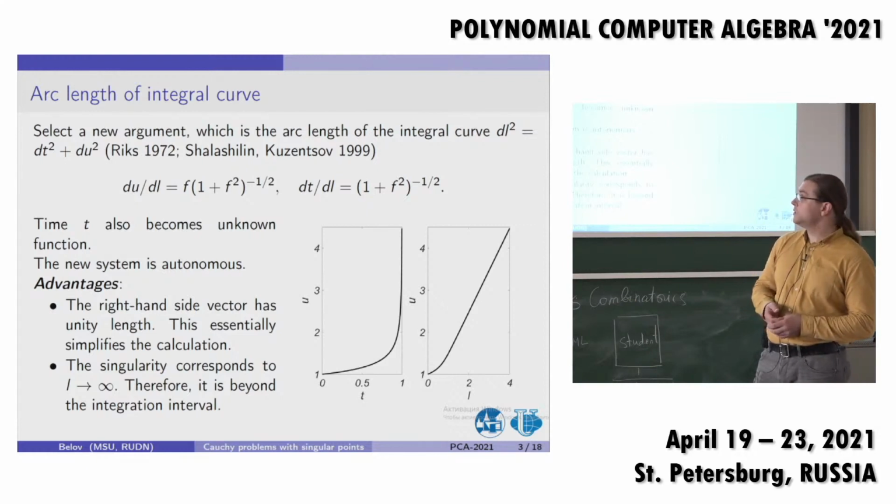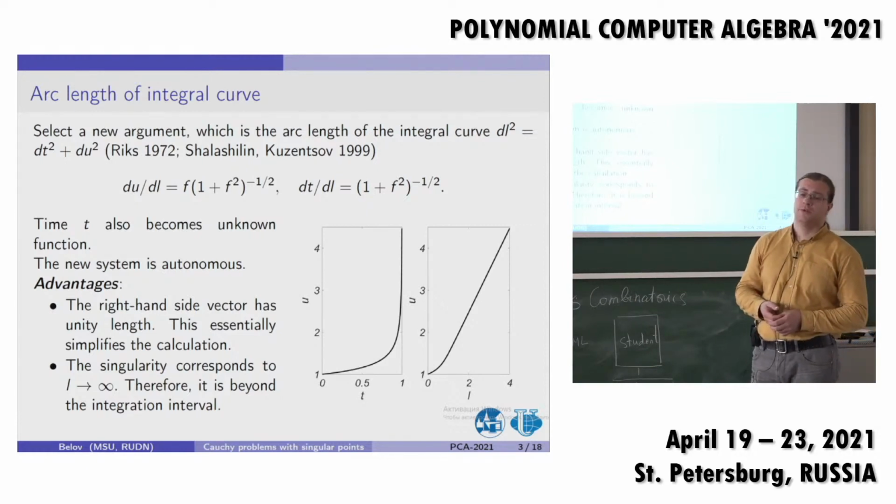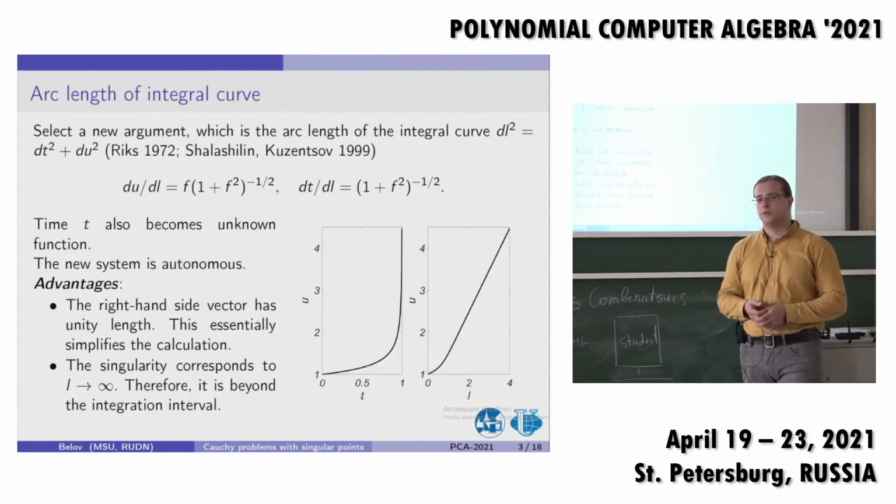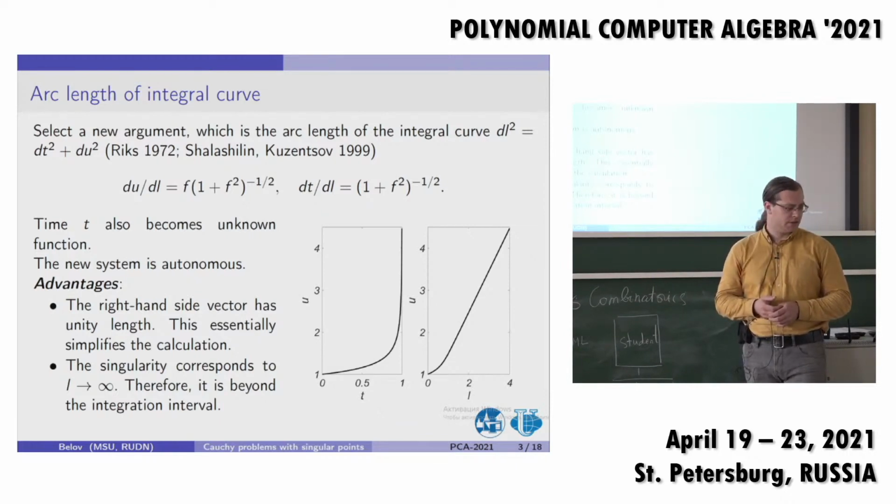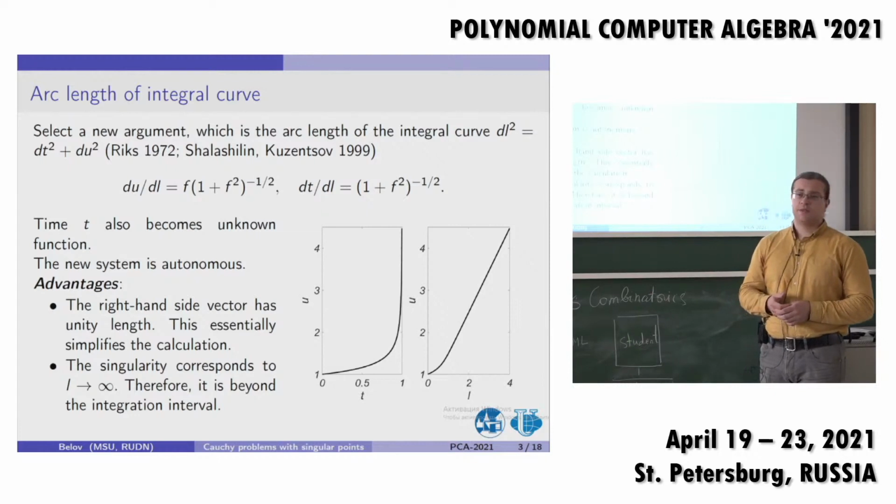The first approach is selection of a new argument, the arc length of the integral curve. This method was proposed by Riggs in 1972, and it was systematically used by Shalashilin and Kuznetsov. They published a book in 1999. The main idea is as follows.